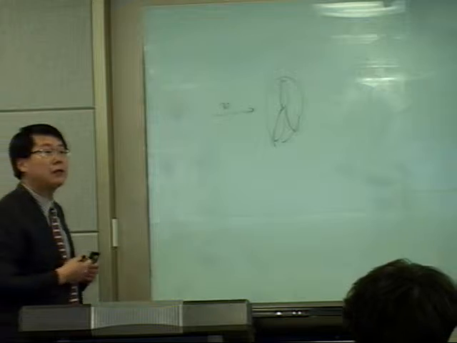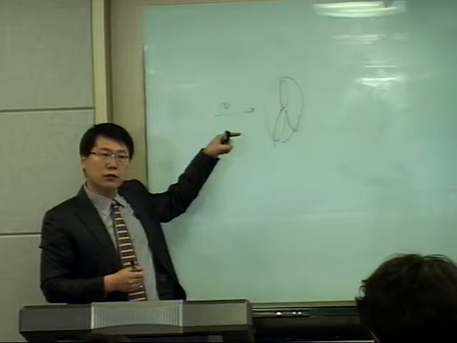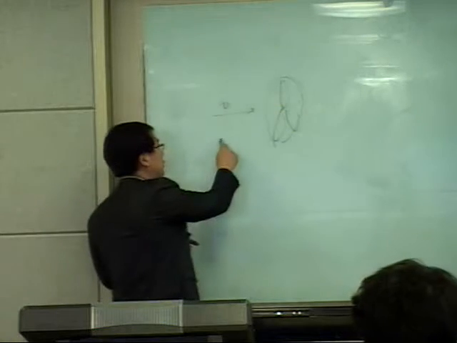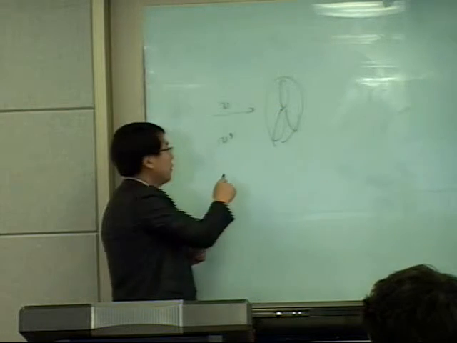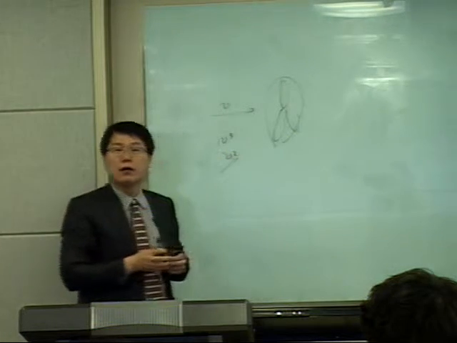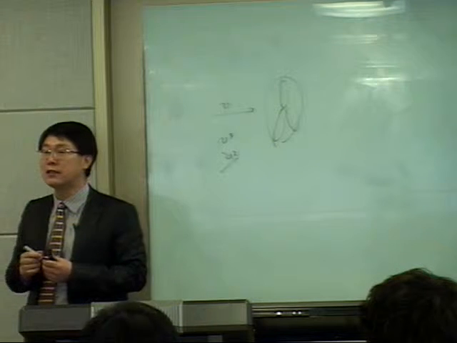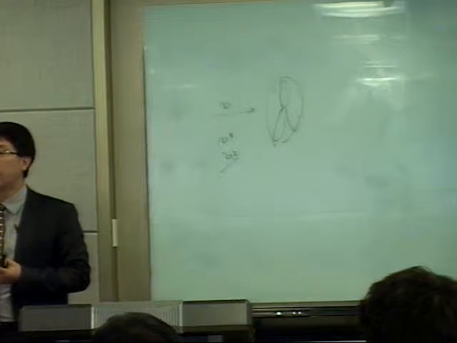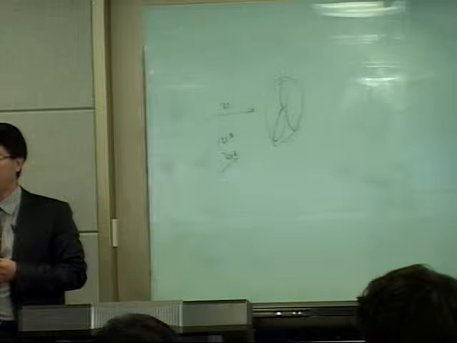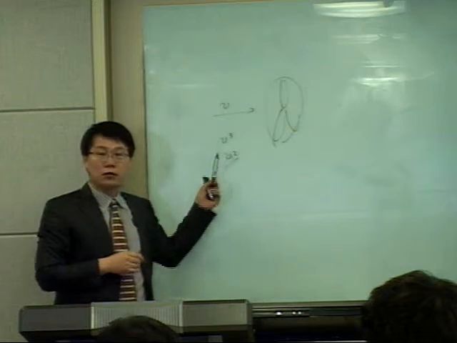So the energy input to this wind turbine is proportional to V cubed, not V squared. Okay? So the energy input to the wind turbine increases rapidly with V, because the dependence is V cubed.